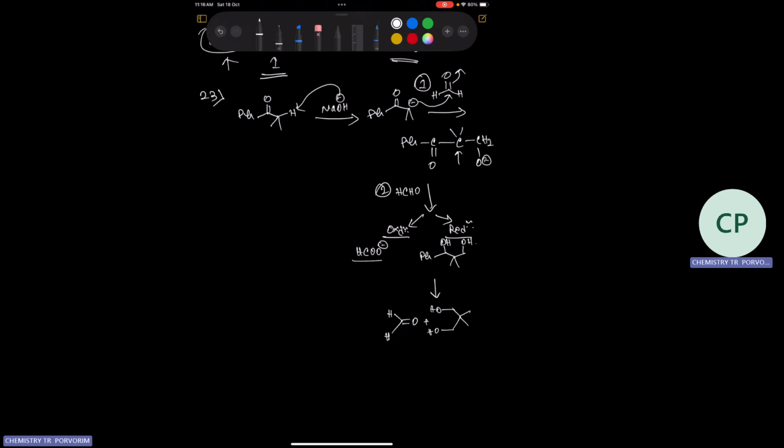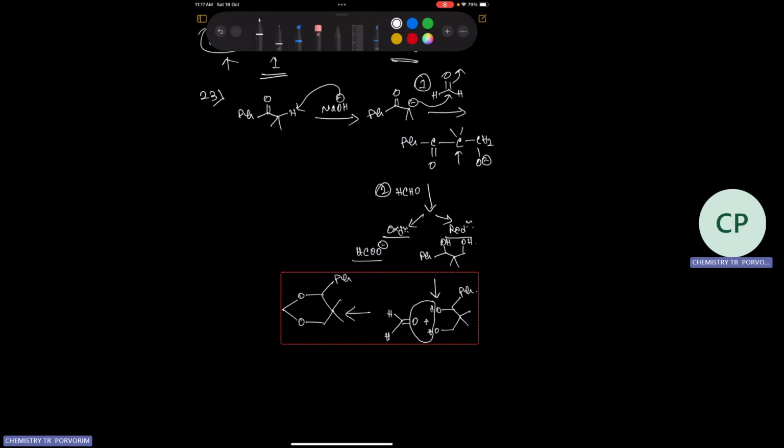We should write it this way so that our examiner will understand. This is the H2O molecule. If we remove this H2O, so this will be our final product.